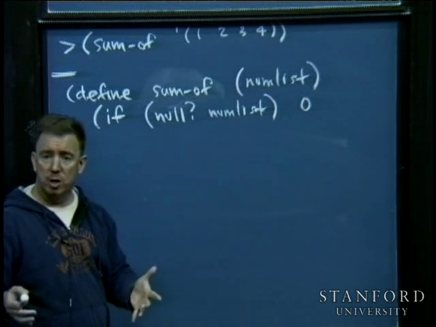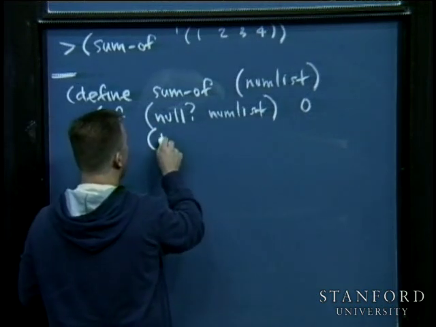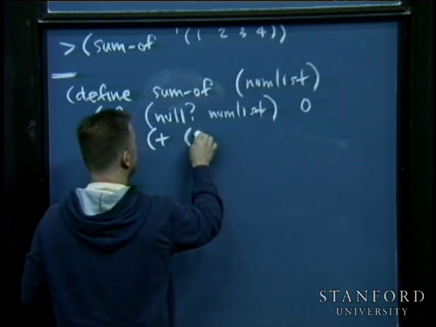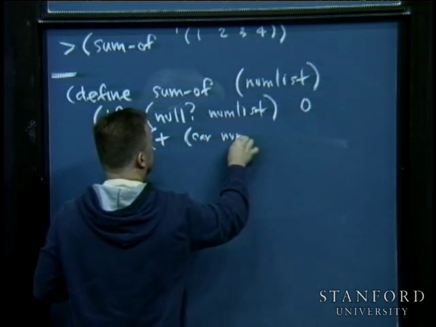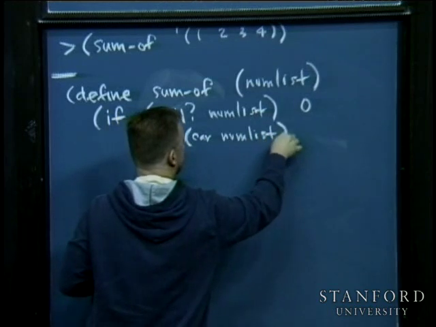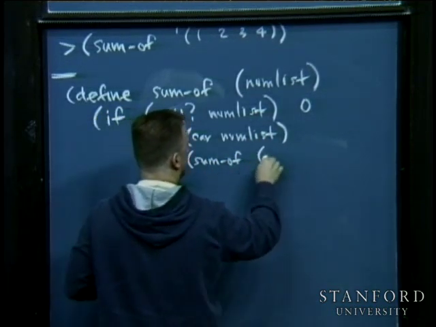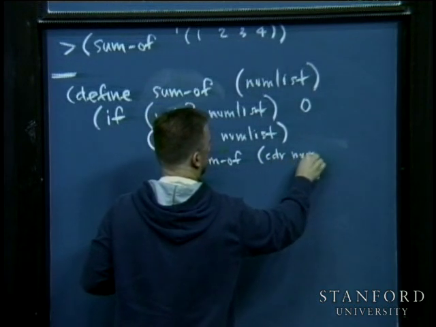Otherwise, what I want to do is equate the original sum-of call with the value that you get by levying plus against the car of the numList and a call to sum-of the cdr of the numList.